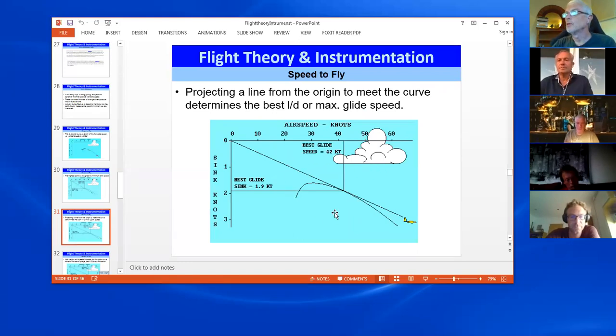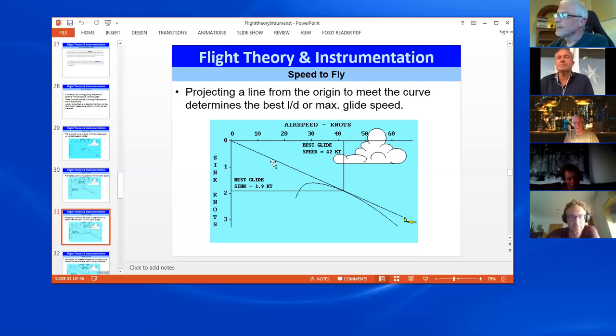Now, to get your best glide ratio, remember, glide and lift-drag are the same ratio. This is worth going over, because a lot of people think, surely min sink will give me my best glide. No, min sink doesn't give you your best glide.